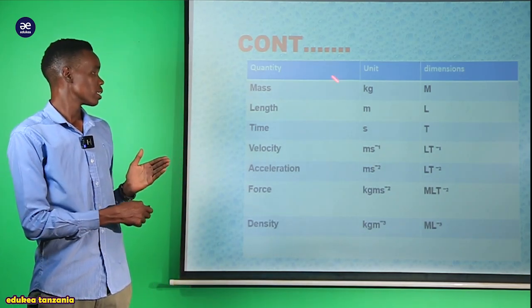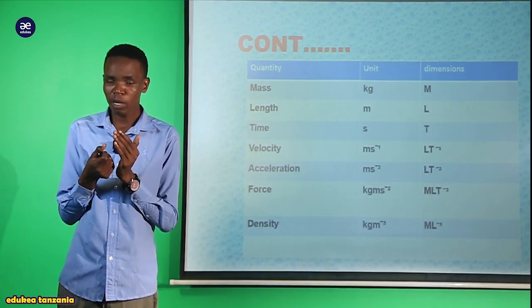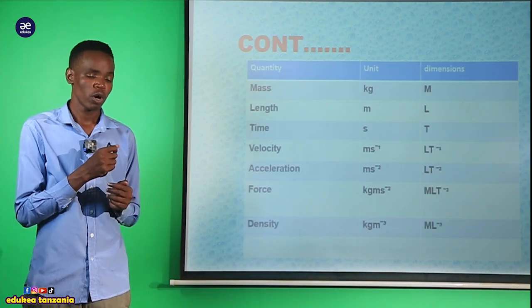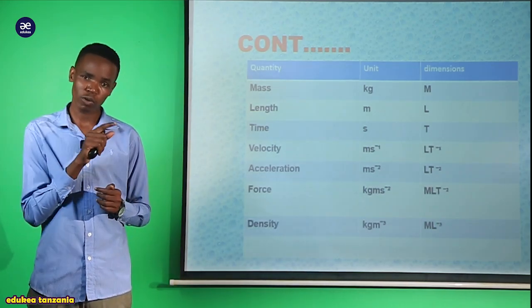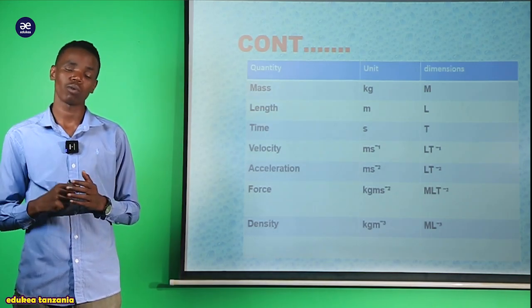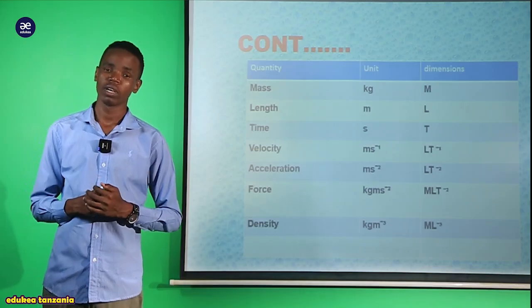So my dear student, the dimension of length is L. Kwa kule ukiambia kuweza kutafuta ile dimension of length, utamwandikia, utaiweka ile length. It means hapo utaiwekea ile squared bracket. Baada hapo utaweka is equal to L. Lakini we have also the time.